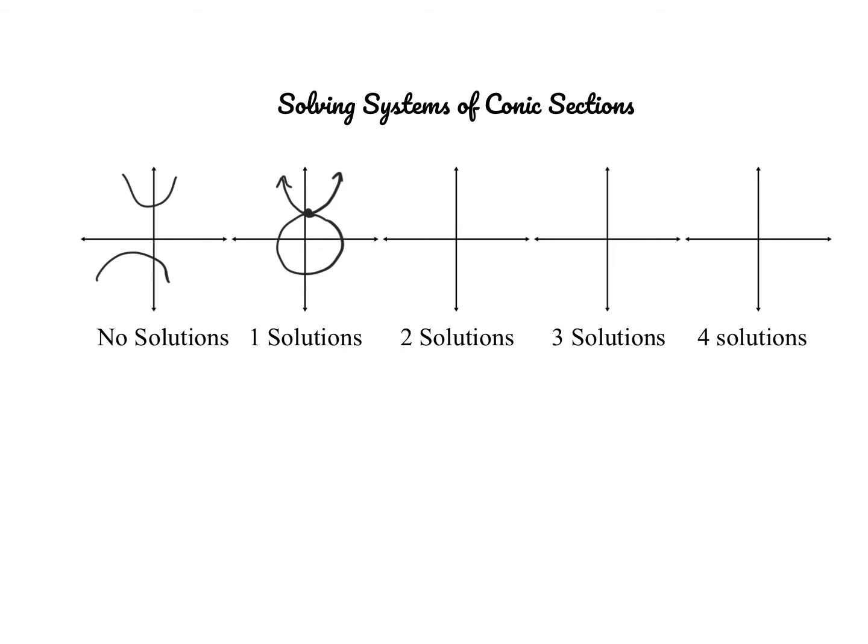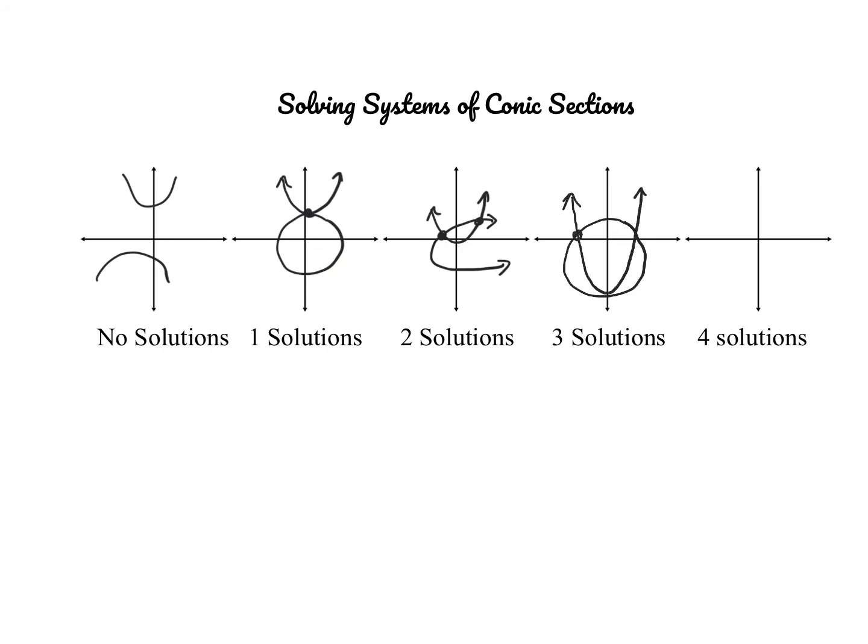Also very common to get two solutions. So let's say maybe I have two parabolas, one that looks like this and one that looks like this. So this would have two solutions, very common. You could also end up with three solutions. So let's maybe imagine a circle like this and maybe a parabola like this whose vertex falls on your circle.